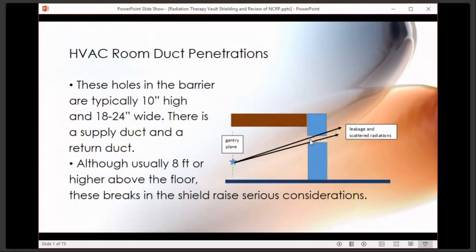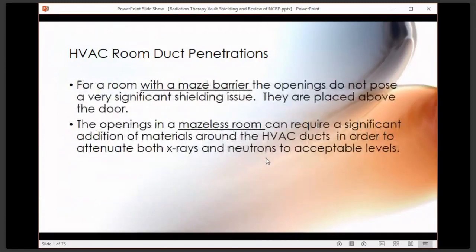And if that is like 8 feet above the floor, you could still get a significant amount of radiation coming through. Now, if you have a maze barrier in the room, then you put the openings above the door, and the maze does the attenuation of everything, and you get very little, but some, coming out.